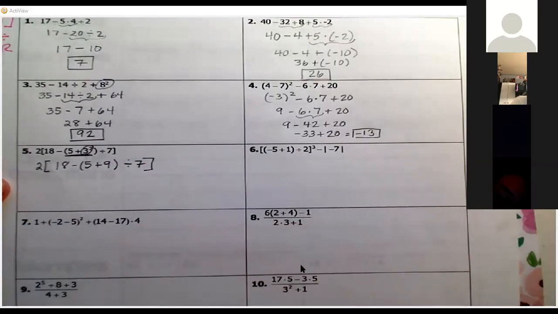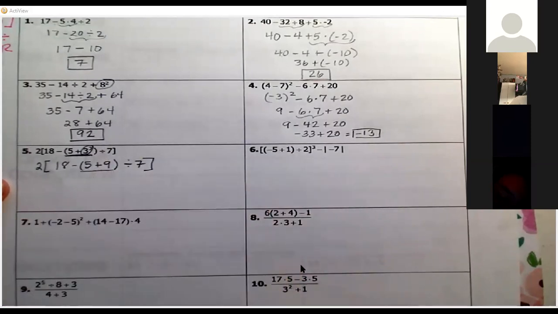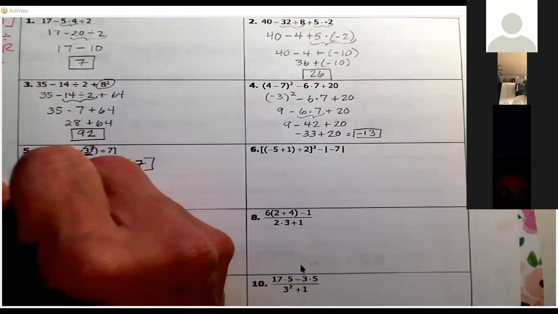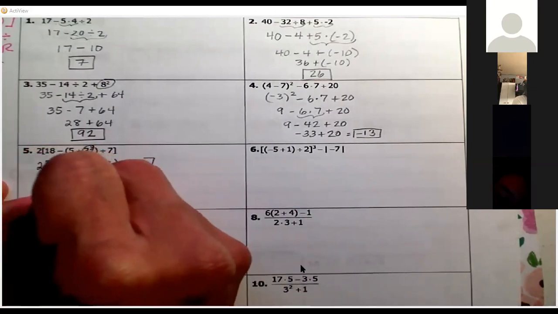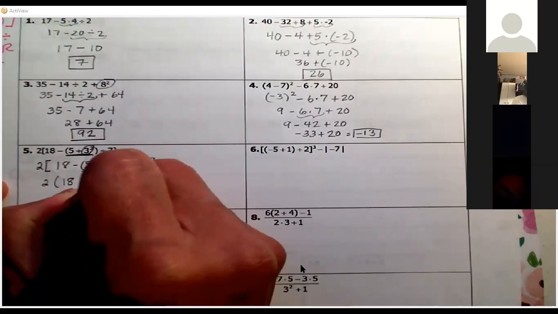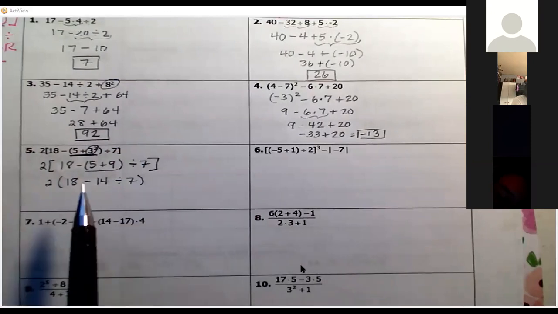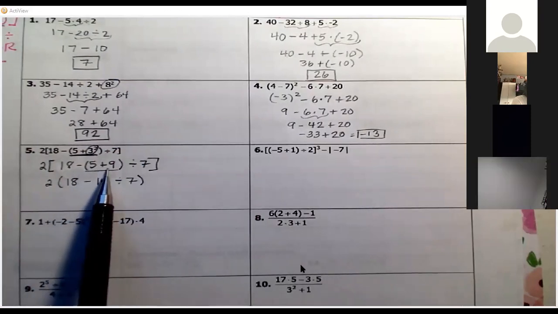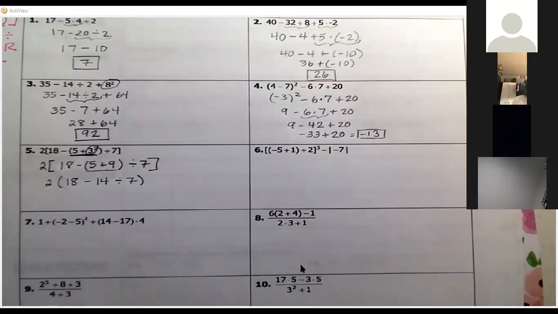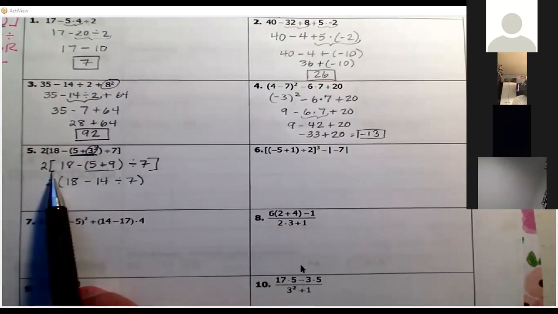I'm still inside the grouping symbol, so I'm going to do this first, right there. 2 times 18 minus, this is going to be 14 divided by 7. When I simplify whatever's in the parentheses, I'm able to take it out. When I take it out, then I can change these brackets to regular parentheses.